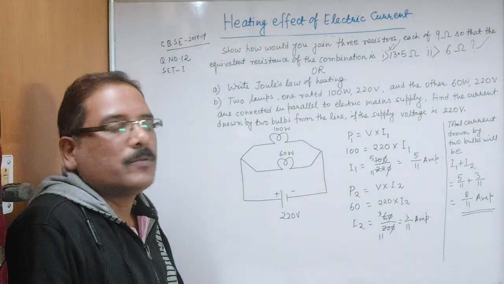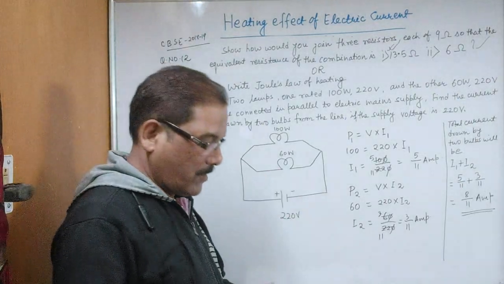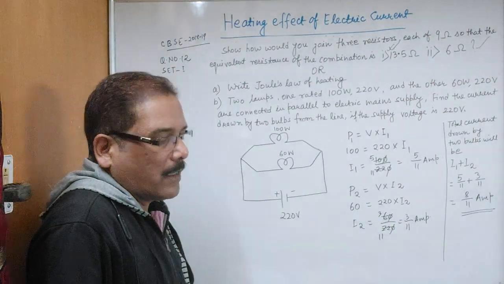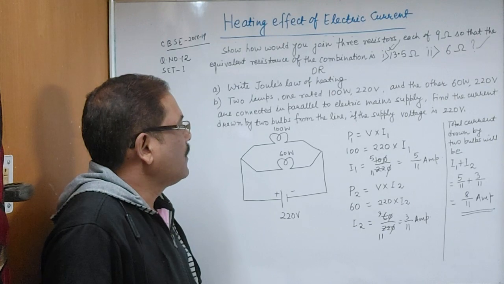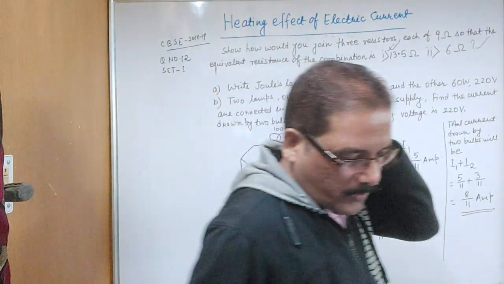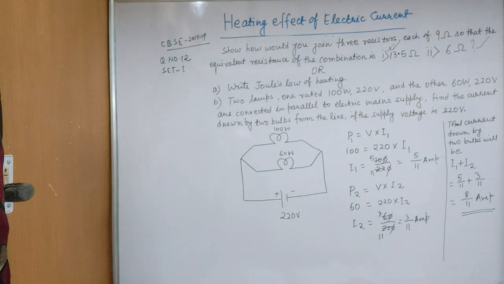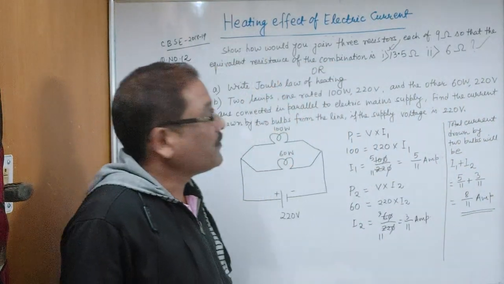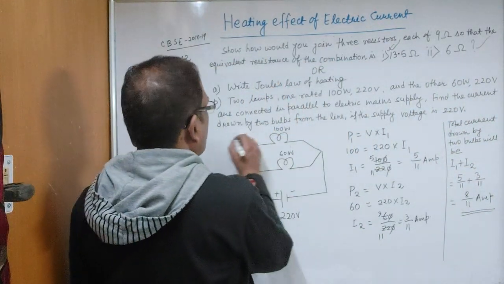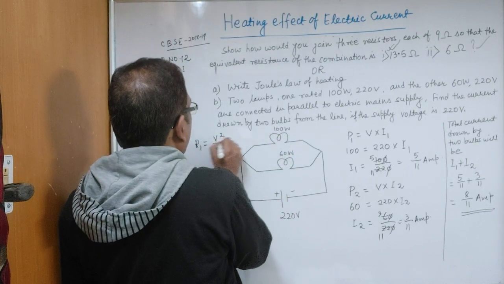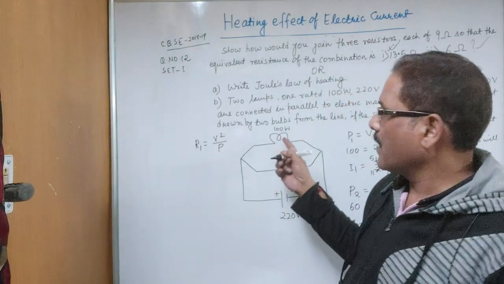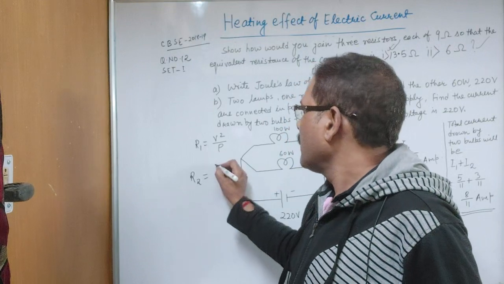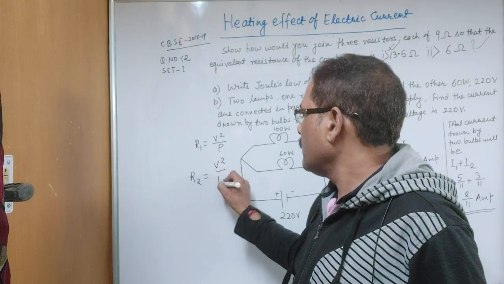I think it is clear to you. There is another way to find the total current: you can first find the resistance of the bulb by using the formula which we have learned, R is equal to V square by P. Suppose the resistance of the first bulb is R1, and let the resistance of the 60 watt bulb be R2.